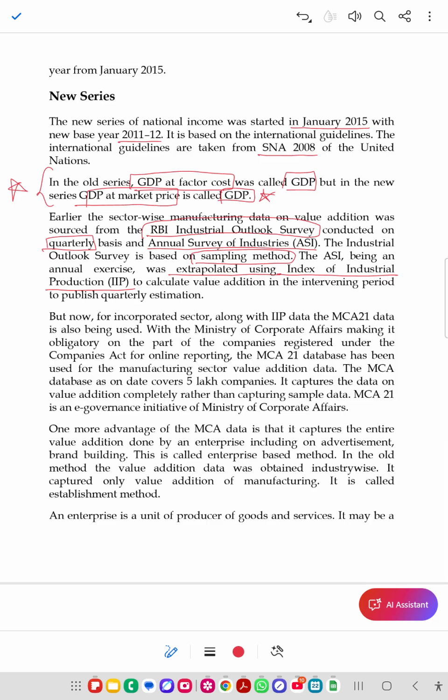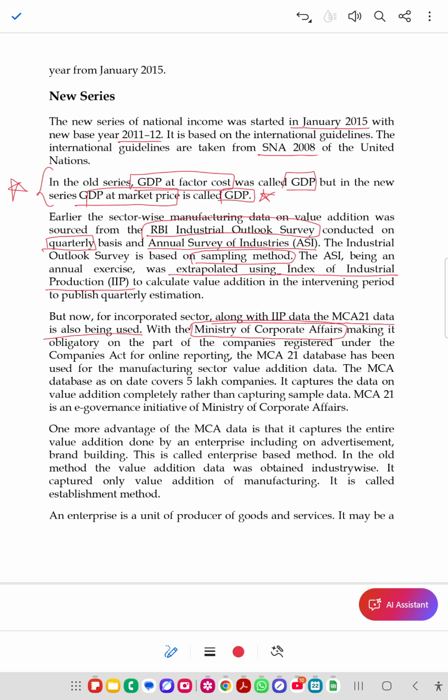But now, for the incorporated sector, along with IIP data, MCA 21 data is also being used, with the Ministry of Corporate Affairs making it obligatory for companies registered under the Companies Act to report online.